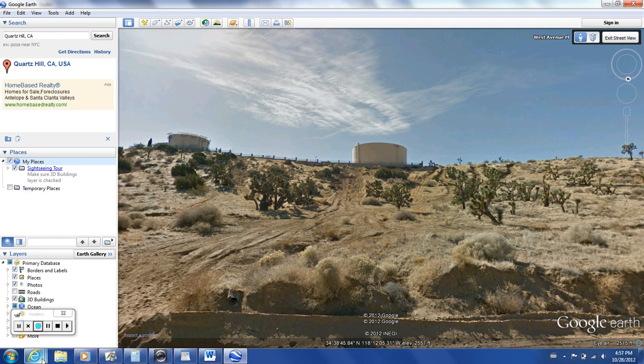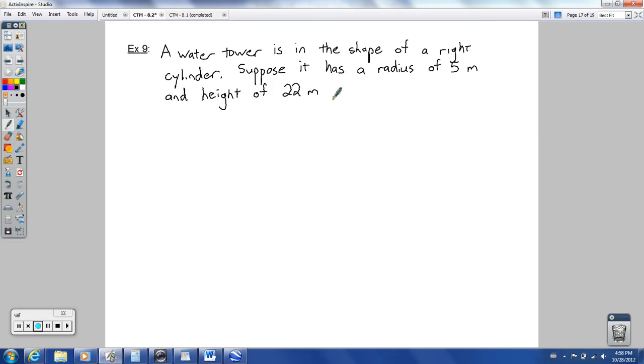We're going to pretend like it's what I have here. Height of 22 meters. And the question is, what is the capacity in liters of the water tower?